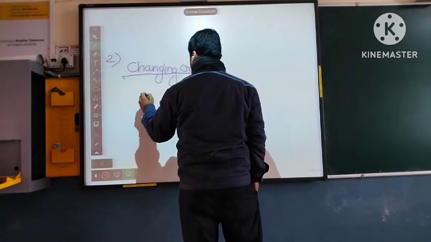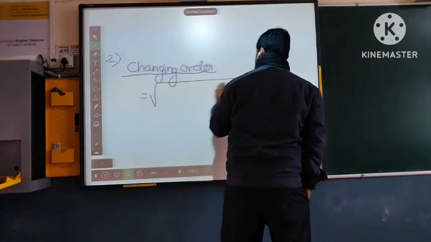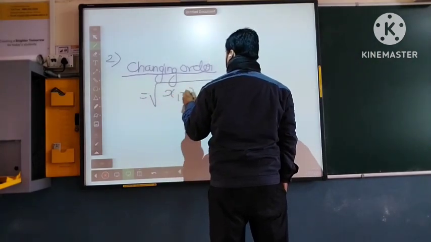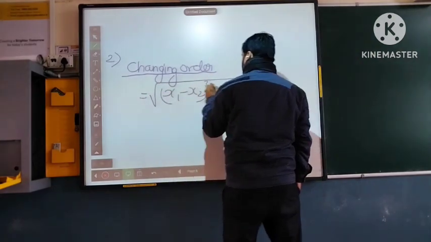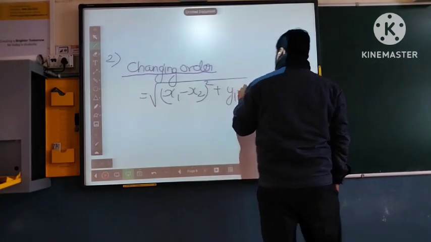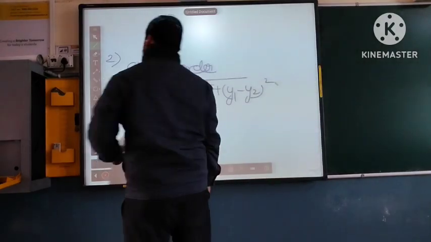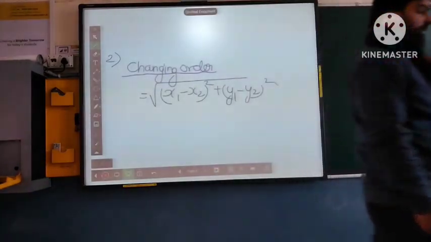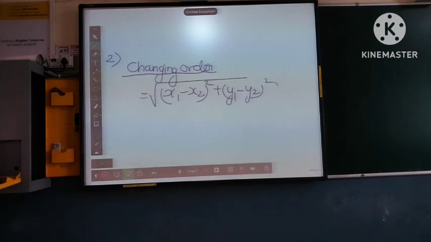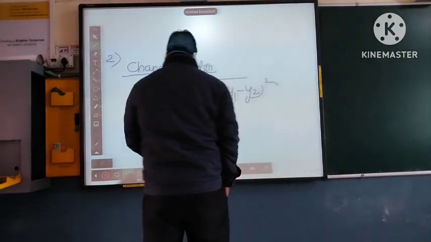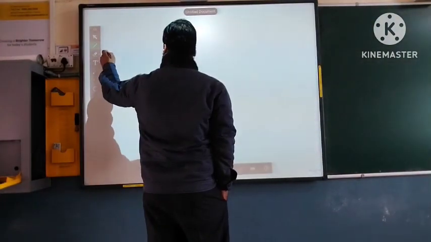If you're changing the order of the coordinates, I can write it as (x1 minus x2) whole square plus (y1 minus y2) whole square. Make sure to make the radical sign properly, covering all the things. Here it is not covered. So even if you change the order of the coordinates, the result remains the same.